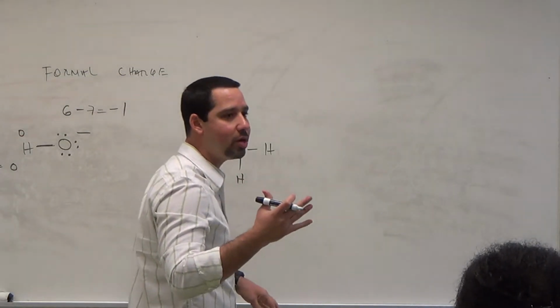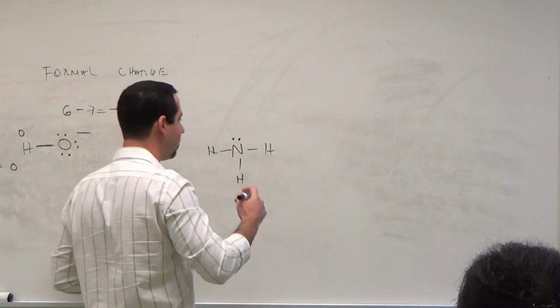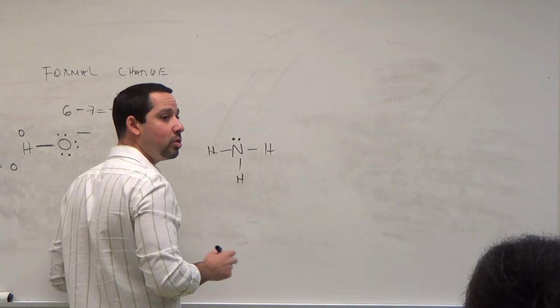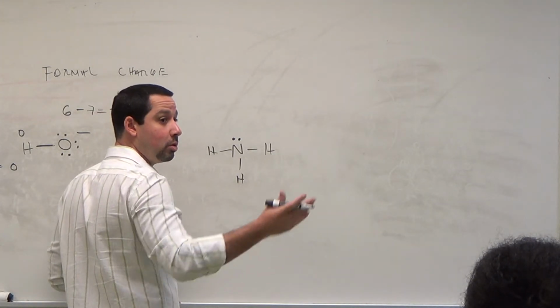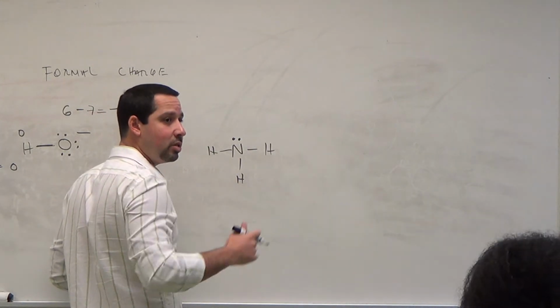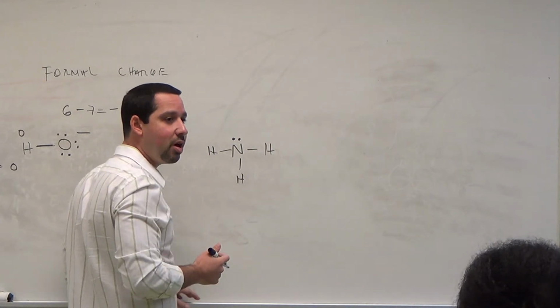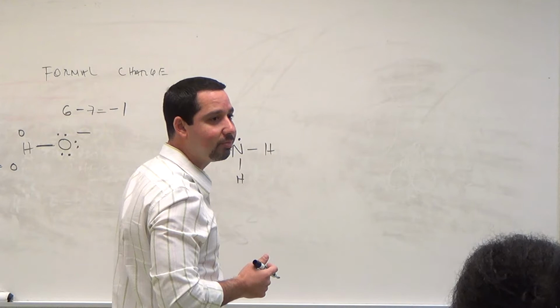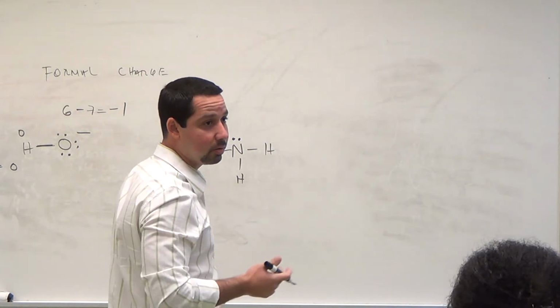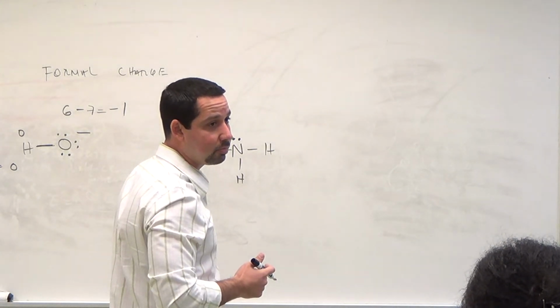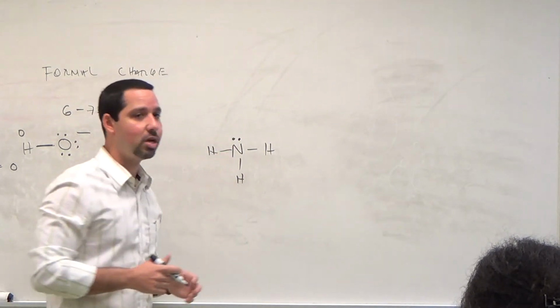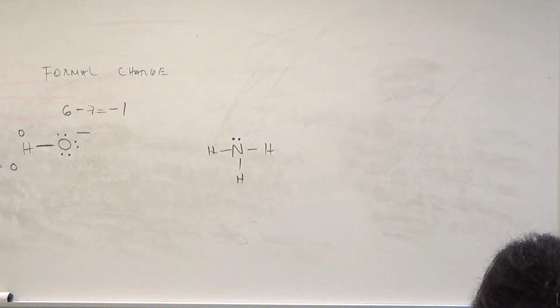Okay, let's do it. So, how many valence electrons does nitrogen have? 5.